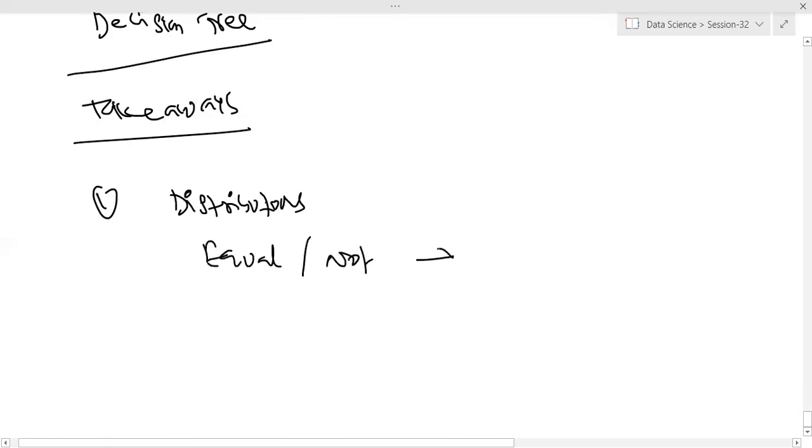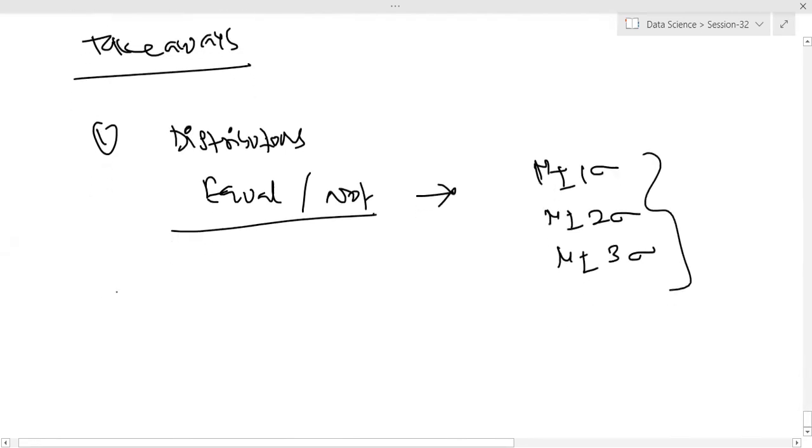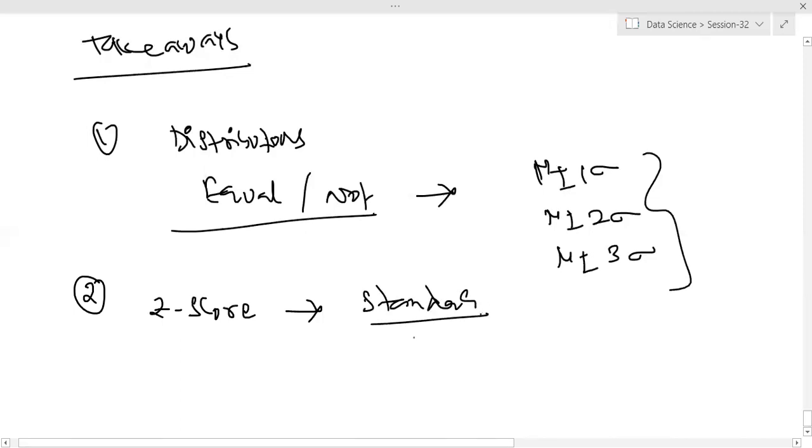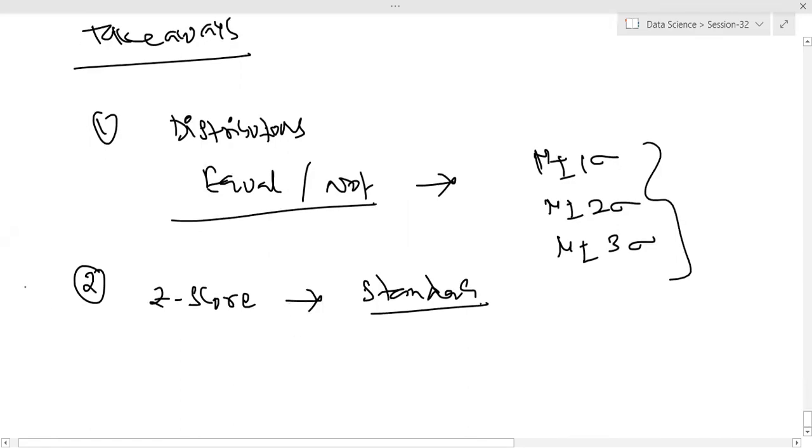Here we used our empirical rule to check whether the given distributions are equal or not. The second thing we introduced was the Z-score, which is basically a data preprocessing technique, standardization, providing the standard way to convert values into standardized form.